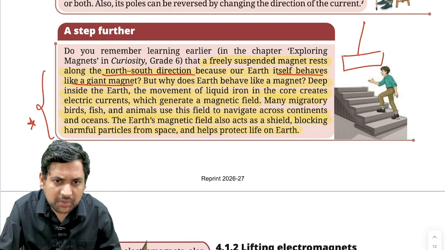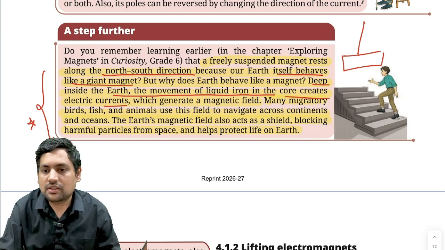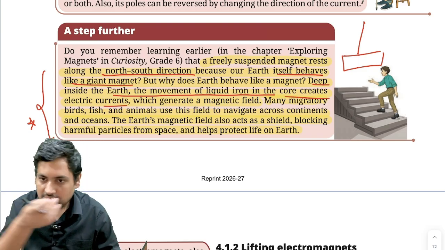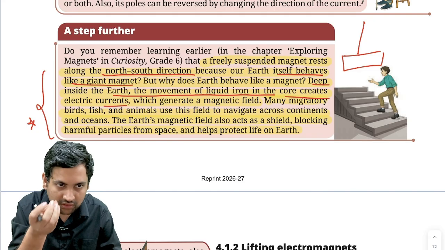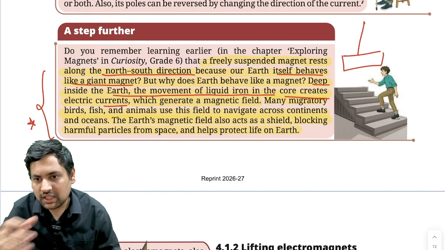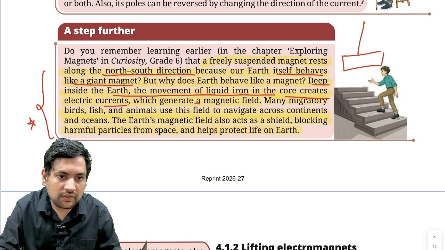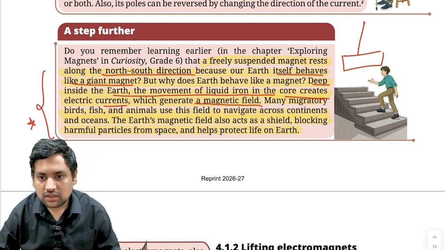Now, why does earth behave like a magnet? Because deep inside the earth, the movement of liquid iron in the core creates electric currents. So iron is moving like this. This creates electric current, which in turn will generate magnetic fields.